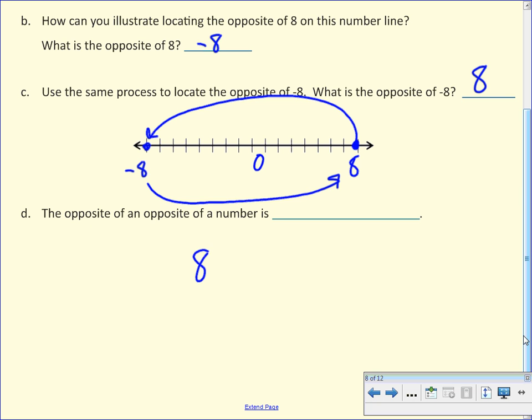We had 8, and then -8, and then 8. Right, so the number is itself. It's the same number. Like when I was walking, and when I did the opposite of the opposite, I ended up walking in the same direction.